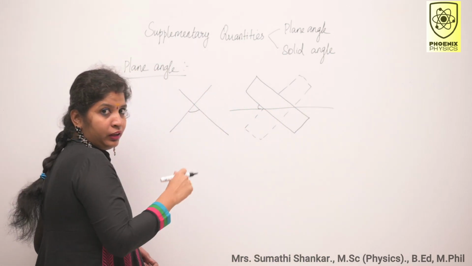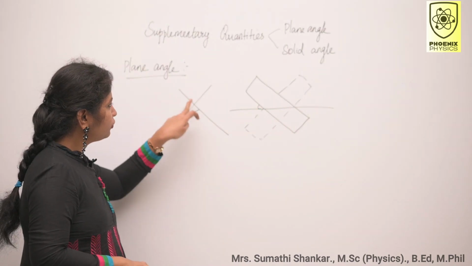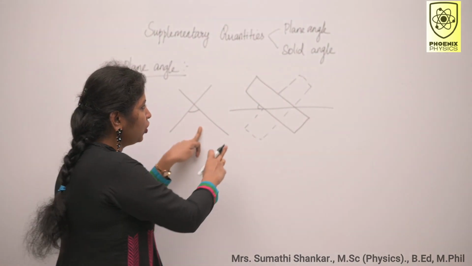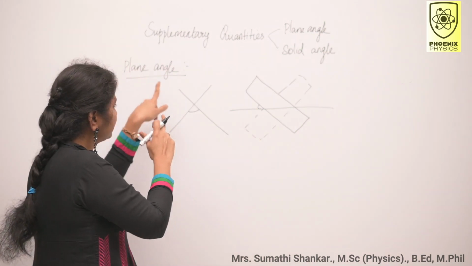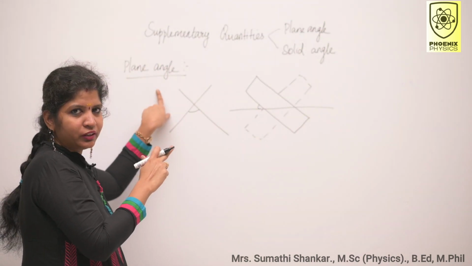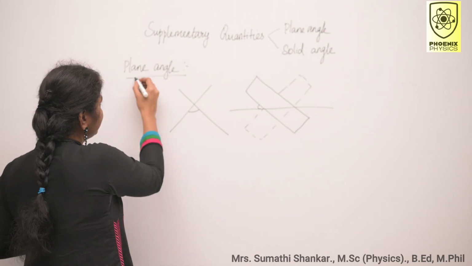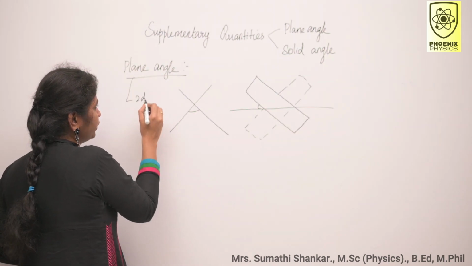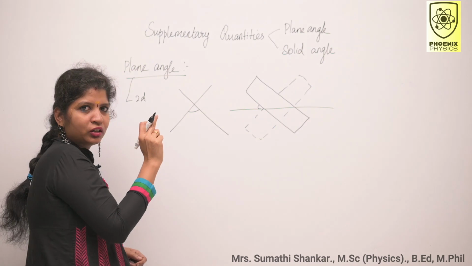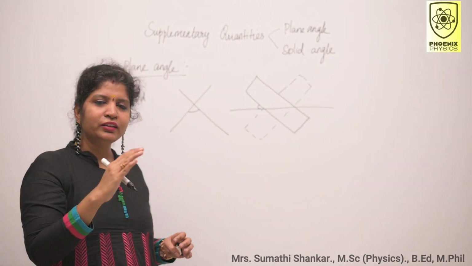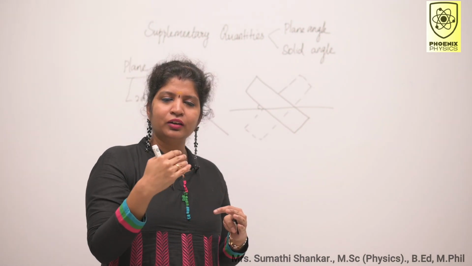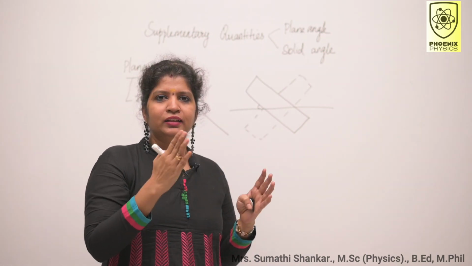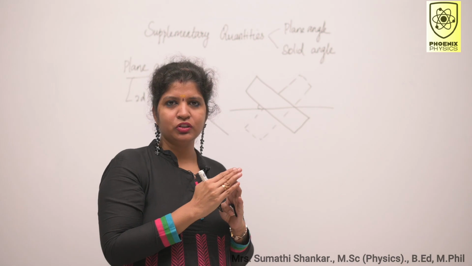The intersection of two straight lines or two planes is a plane angle. Okay, up to this clear? This plane angle is two-dimensional. What is two-dimensional? We can measure either length and width, or length and height, or breadth and height. This is two-dimensional.